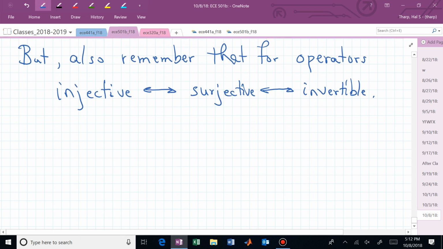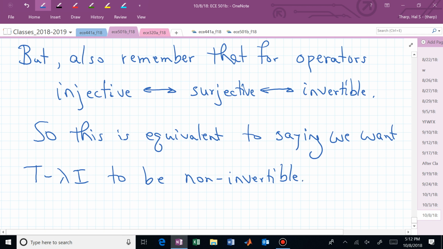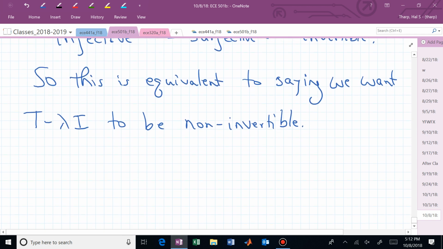And now we have this non-injective map, so this is equivalent to saying we want T minus lambda I to be non-invertible in order to make it non-injective for some value of lambda.